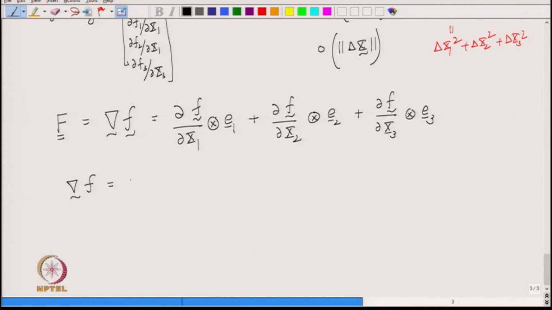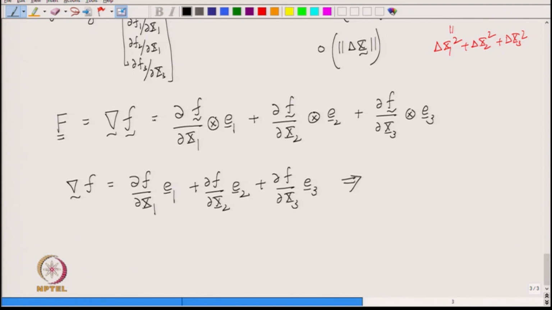So, you apply this formula here, this is del f by del x 1 into E 1 plus del f by del x 2 into E 2 plus del f by del x 3 into E 3.